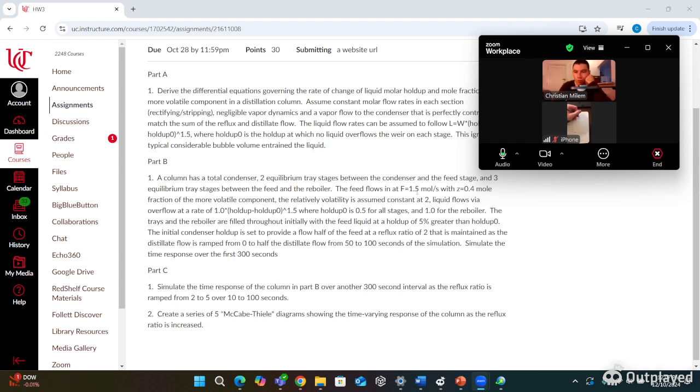Flows via overflow at a rate of, okay. So L equals L0 times H minus H naught, which is again holdup minus holdup naught, minus 1.5. Holdup naught is 0.5 for all stages.